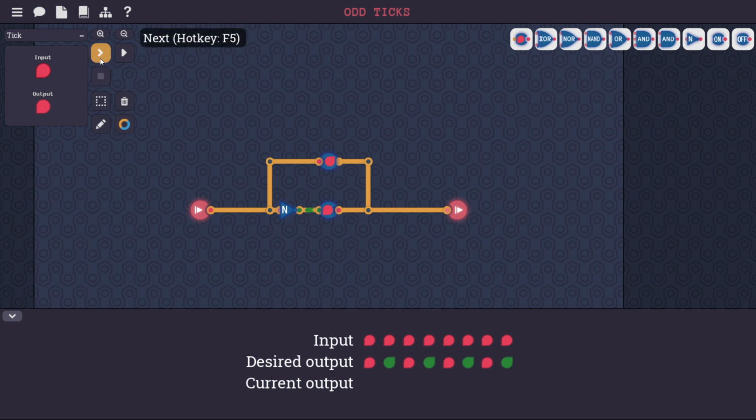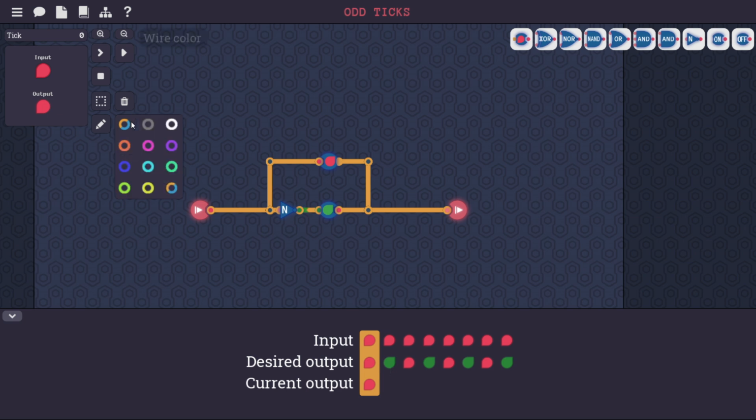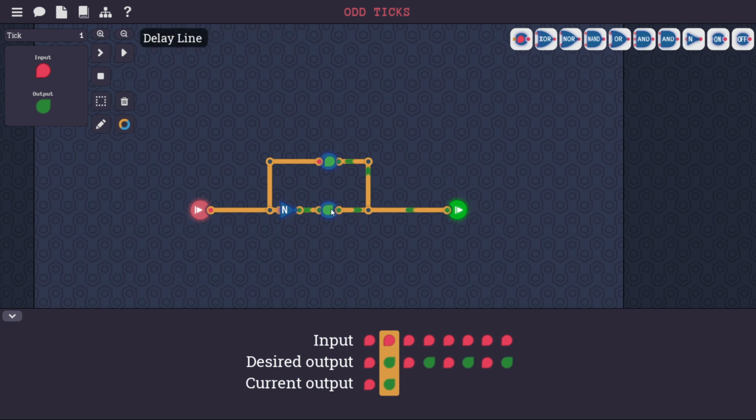So first output 0 0, so we have this held here. Next, which is odd, we have our output, but now this does not influence it right now, but it holds a true, which in the next tick will influence this.